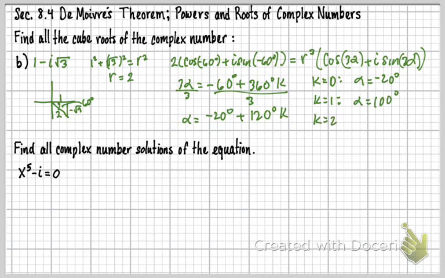And then for k equals 2, we're going to get alpha equaling 220 degrees. So those are our answers that we're going to use to plug into our cis theta.